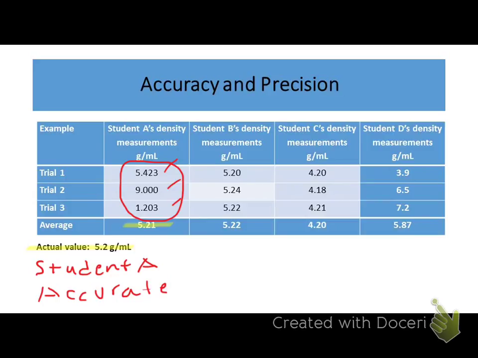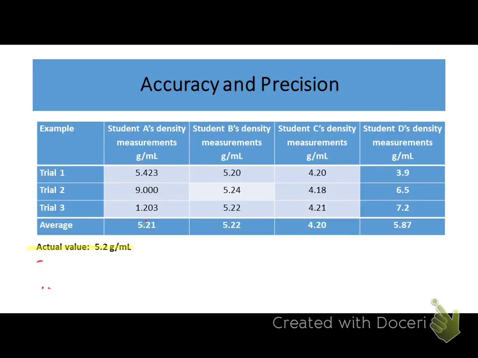Okay, so let's look at student B now. Let me erase student A's stuff. We'll just look at student B here. Student B's 3 values are right there, and its average value is 5.22. Is that accurate?